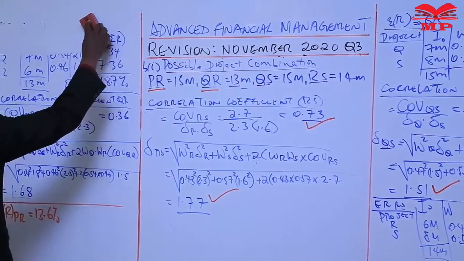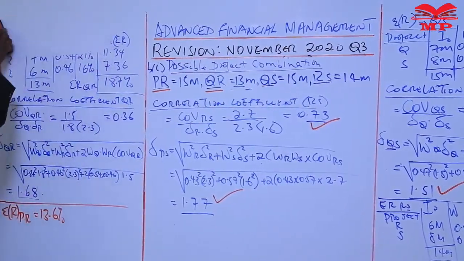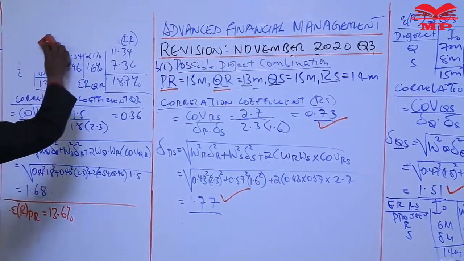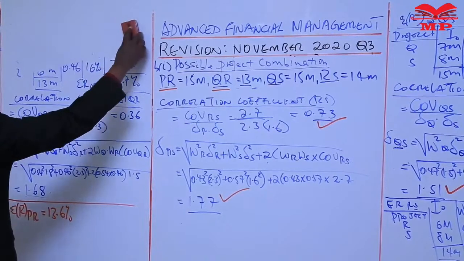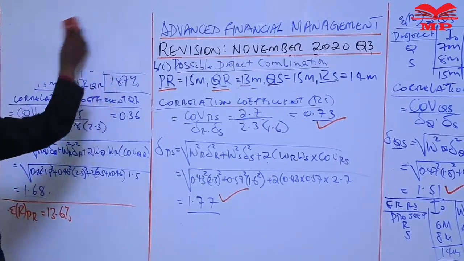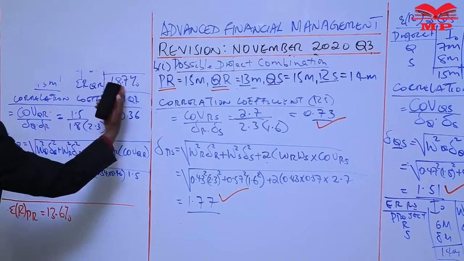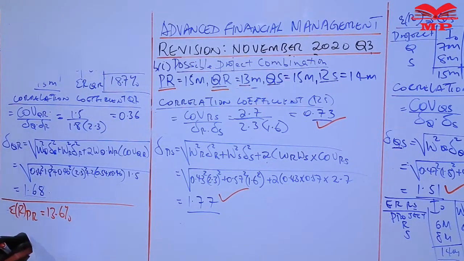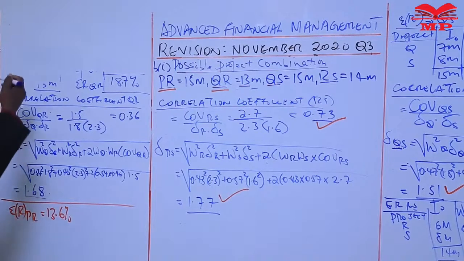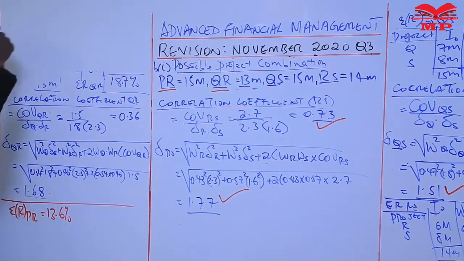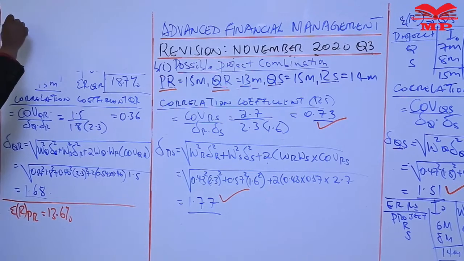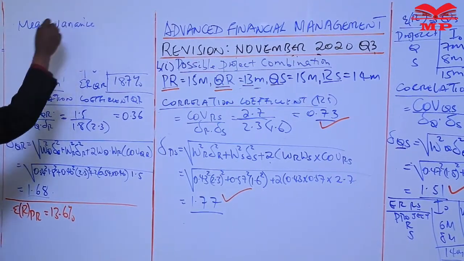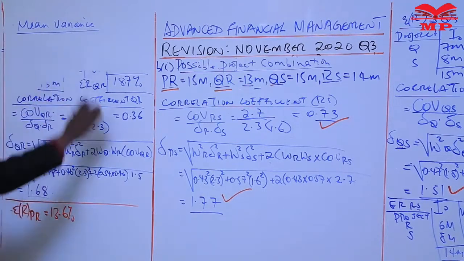I'm going to rub this bit, but maintain this, QR. This one here is the expected return QR. We want to calculate the coefficient of variation, or the mean variance. How to calculate the mean variance?